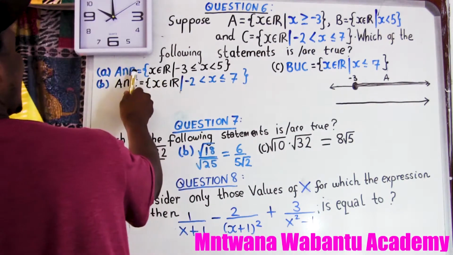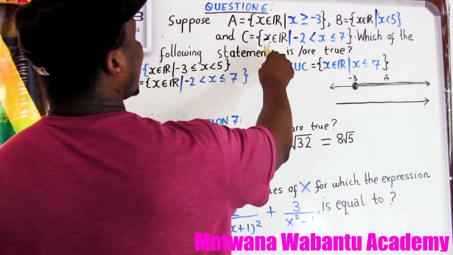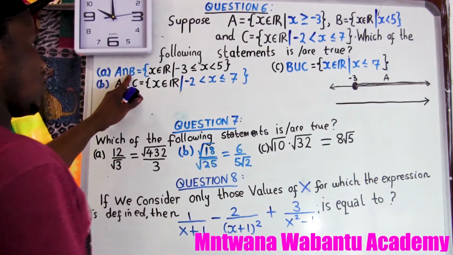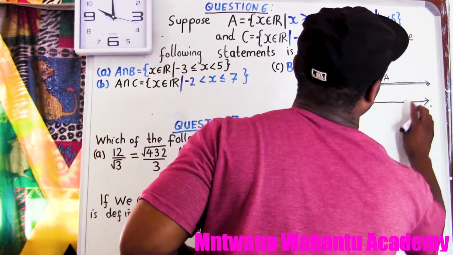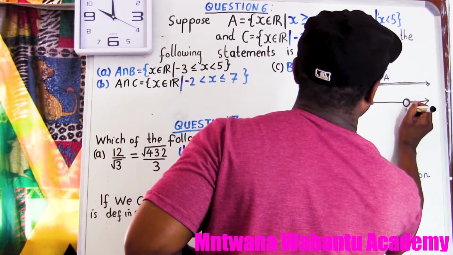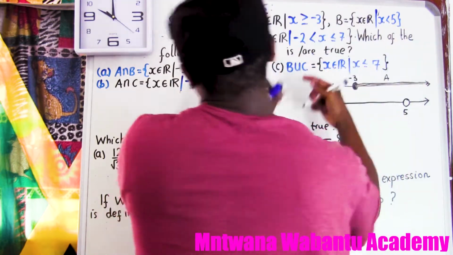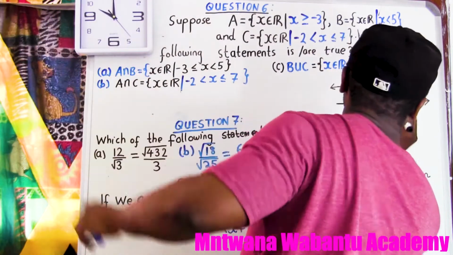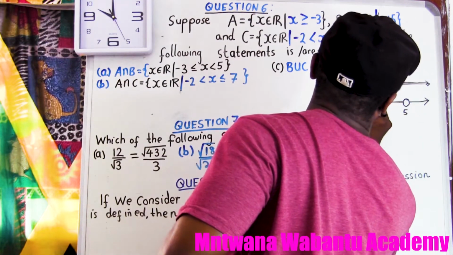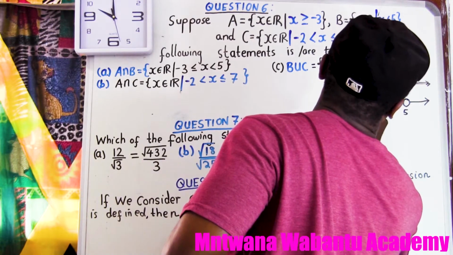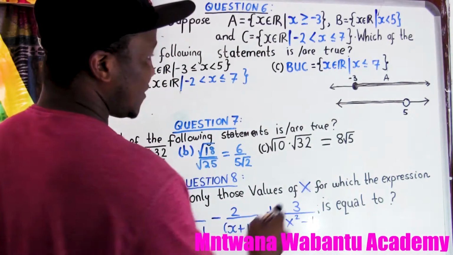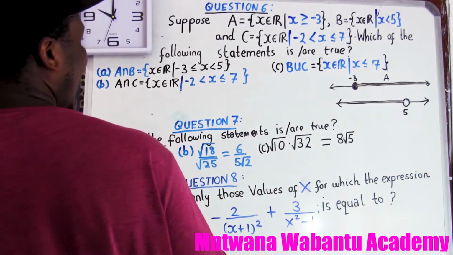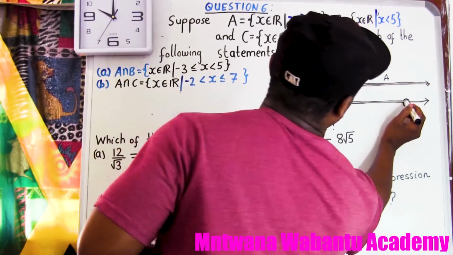For B, because they say A intersection B, we want to check. B is excluding 5, so 5 is excluded. It goes to negative infinity, that side. Look carefully, it goes all the way to the negative.